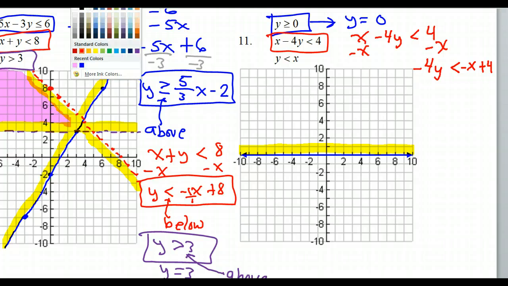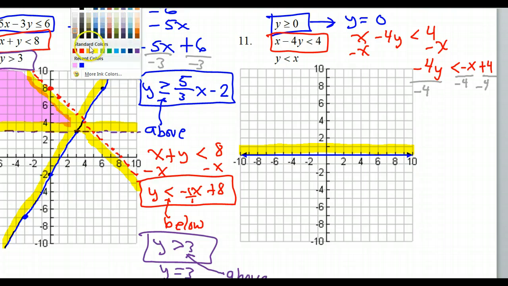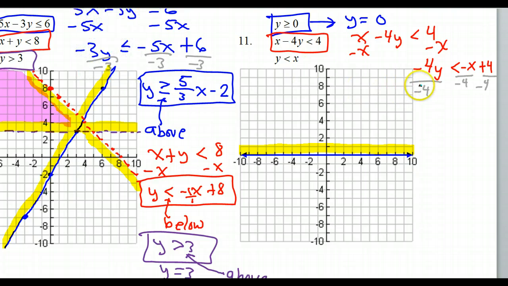Now we have to divide by -4. Be careful. Remember, when you divide by a negative, you must reverse the inequality. So this is going to go from less than to greater than.